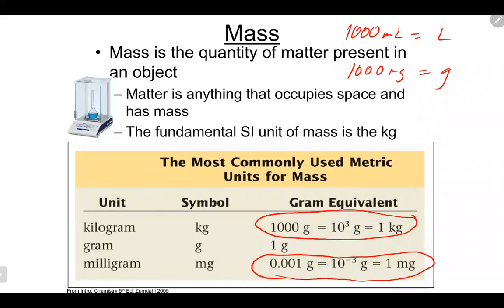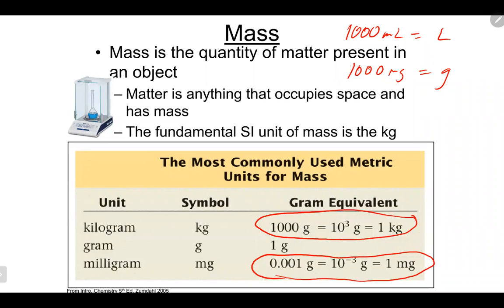Why is it? Say again? The gram is honestly just kind of what they chose. A lot of metric measurements are done in kilograms. If you've ever gone to the doctor, you probably have, right? Sometimes they'll record your weight in kilograms.